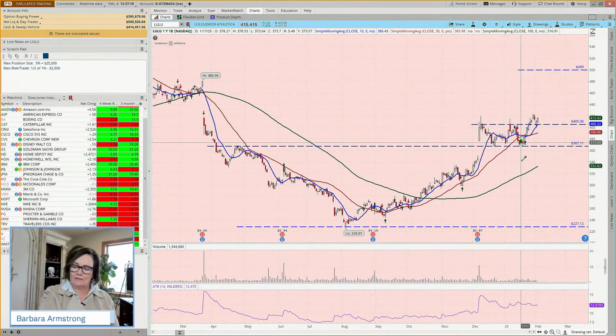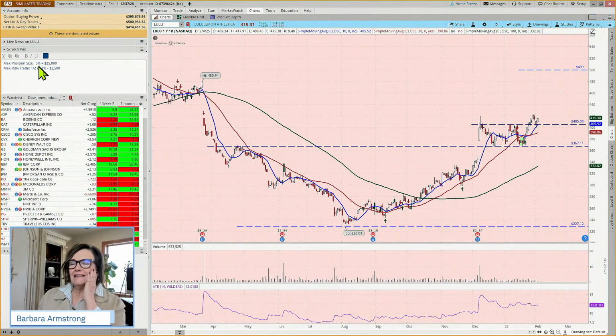This is Lulu. And at 415, we're risking about $60 a share. If we're buying 60 shares, that's $3,600. That's more than we want to risk.